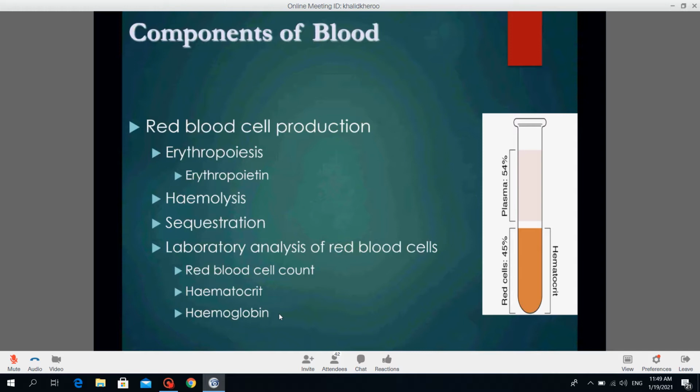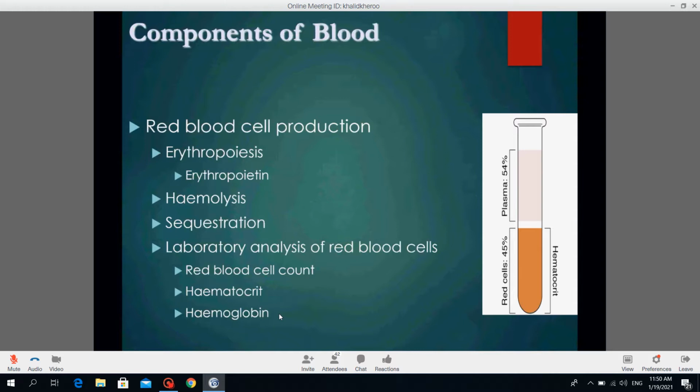For male, the lower limit of hemoglobin is 13, for female it is 12, and for female during pregnancy it is 11. This means that a level less than 13 in male, less than 12 in non-pregnant female, and less than 11 during pregnancy is considered anemia.